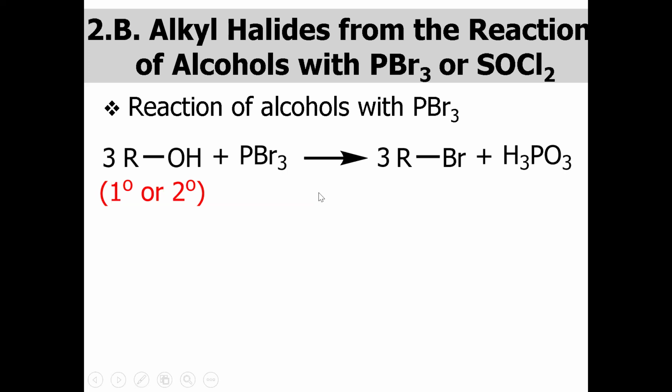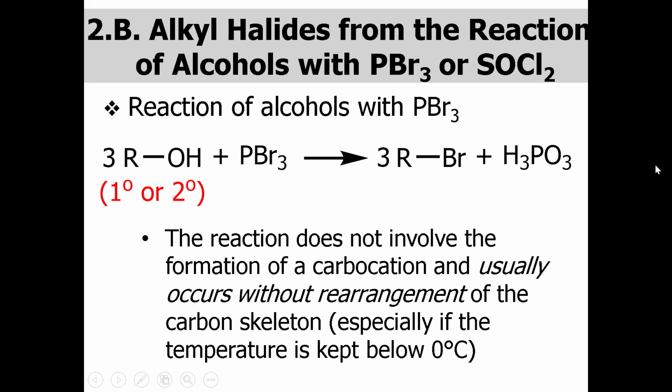The tertiary alcohol gives very poor yield or is unreactive with PBr3. This reaction does not involve the formation of a carbocation and usually occurs without rearrangement, of course. And we have already seen that the tertiary alcohol generally gives carbocation formation. So this is basically an example of the SN2 reaction as well.